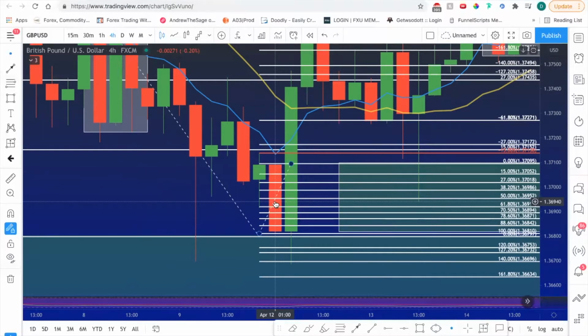Okay, so let me put that. And that's the red candle of a swing low or the green candle of a swing high.